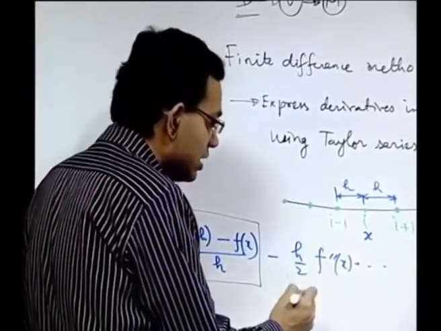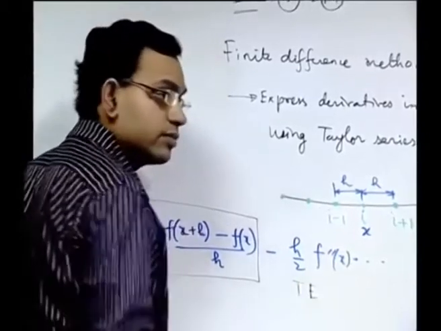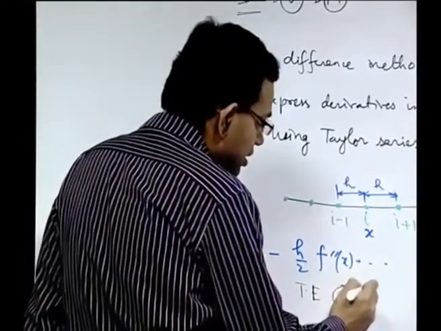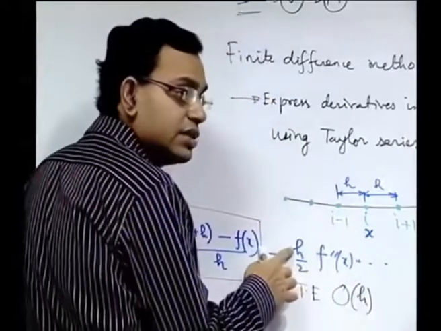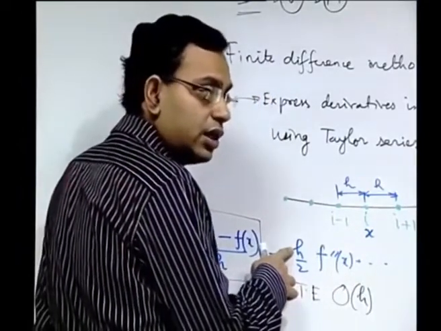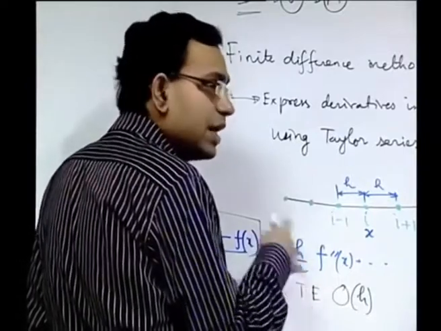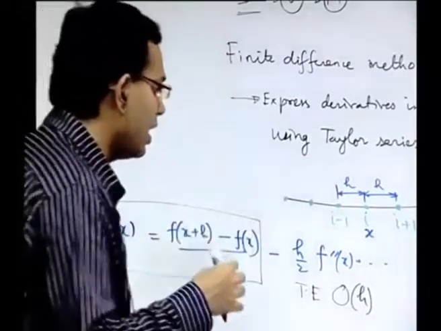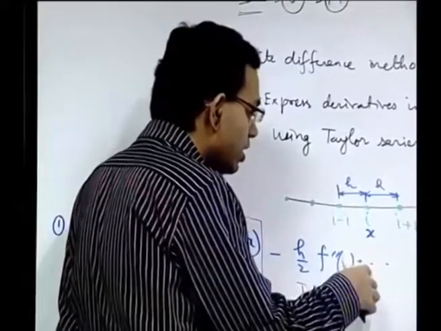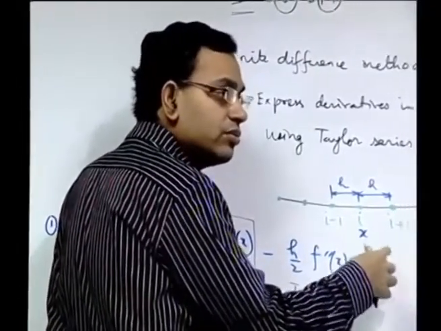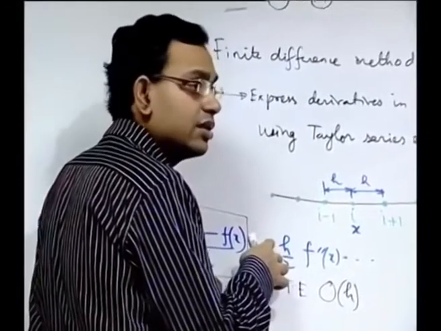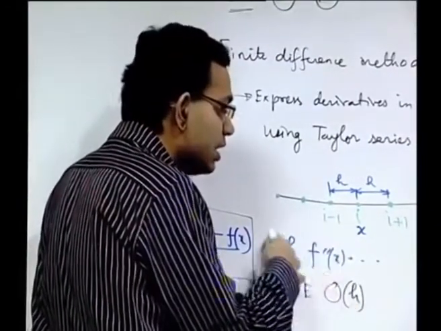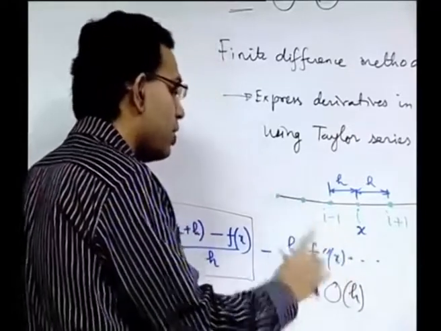So that is called a truncation error, and the truncation error is here of the order of h, because this is the leading order term. So we expect that h is small for this implementation to be accurate, and if h is small, the subsequent terms like h square, h cube, they are expected to be smaller than h, and hence the truncation error is dictated by the leading order term, that is of the order of h.